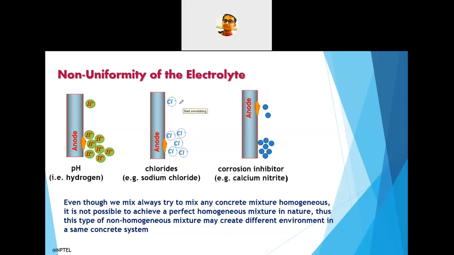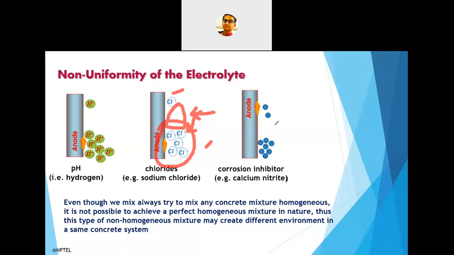Suppose you have an aggregate here in the concrete system. The chloride may not reach this part, so it may turn back like this and come here, so the accumulation of chloride in this particular region will be more. If the accumulation of chloride is more here, it may cause corrosion. It may generate a different potential between this part and this part, and a corrosion cell can automatically generate.